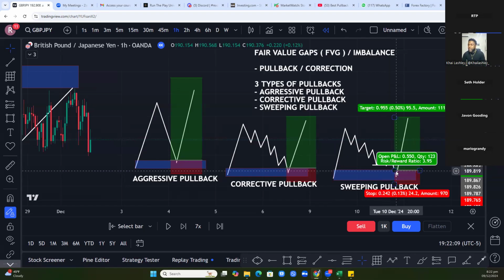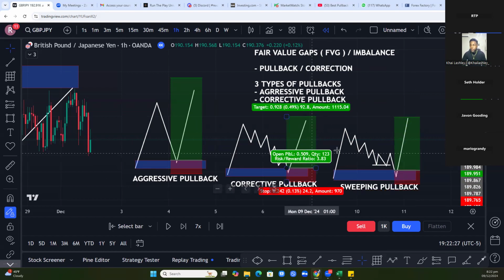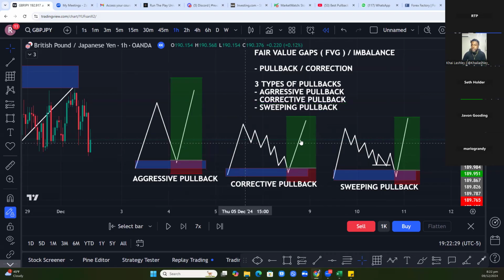So the market trades down, activates those trades, and their stop losses above get hit as well. Again, all that's ways that the market is manipulated to create these significant movements. So those are the different types of pullbacks.